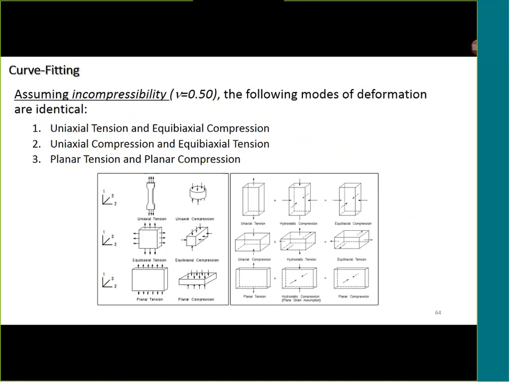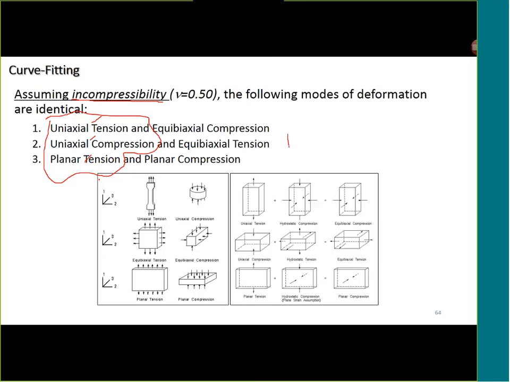Assuming material is perfectly incompressible, which is valid for many of the rubber components, those 6 test requirements can be reduced into 3 test requirements. So the major 3 test data we need to completely characterize the stress strain behavior or the deviatoric behavior of any rubber component is uniaxial tension, compression and planar tension.